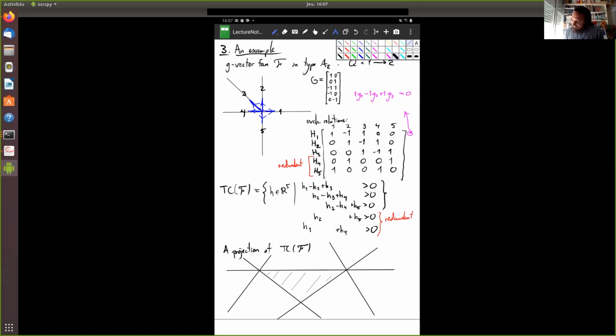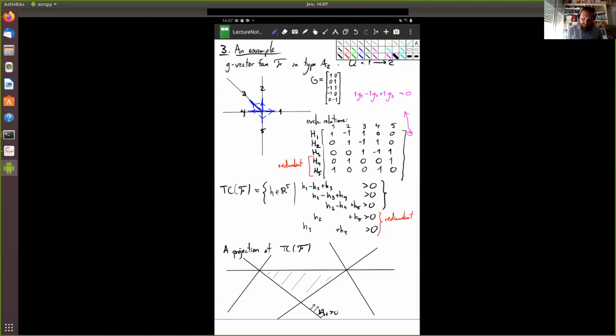Each of these lines, oh gosh, I didn't write them in the same order as in my notes. So let me try to write them correctly. So this line here corresponds to the inequality H1 is greater than or equal to 0. So this is a half space like this.